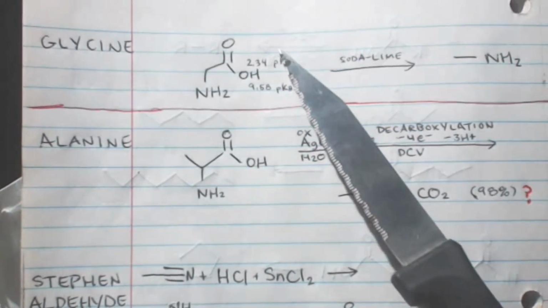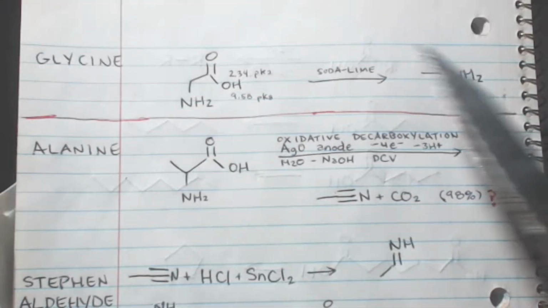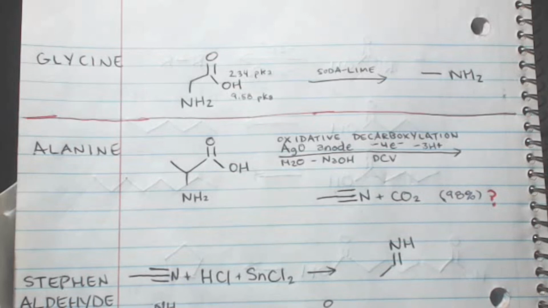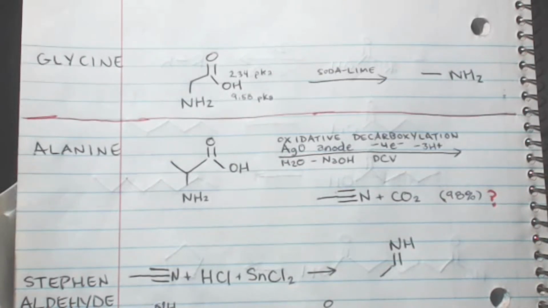In this case, you would be left with methylamine. Now, will this work? I don't know. It should, though, but because it's such a small molecule, it might work differently, you know what I'm saying? But if it does, glycine, I mean, that's just an amino acid.